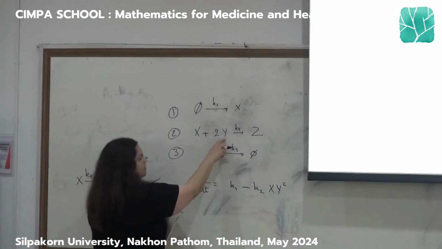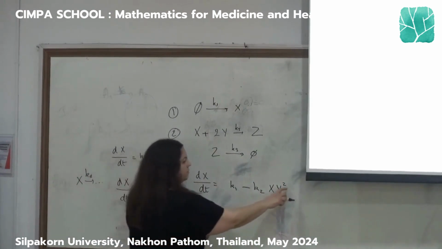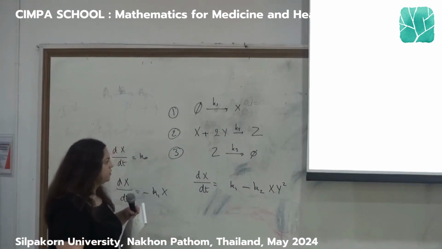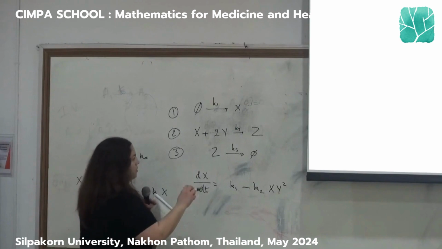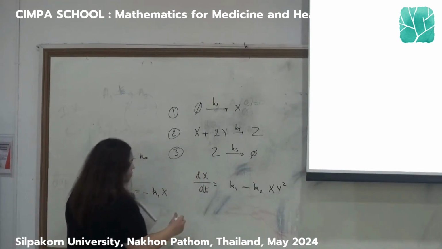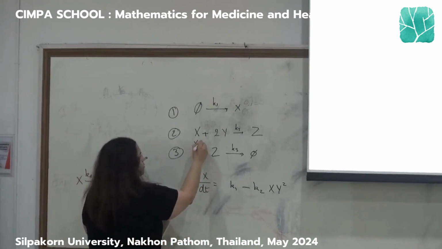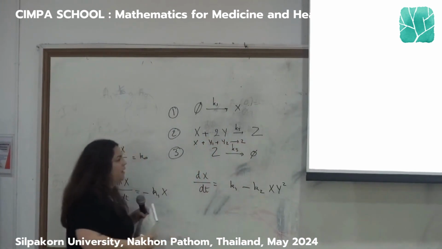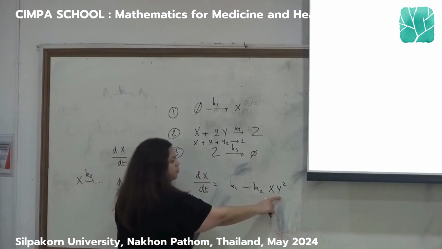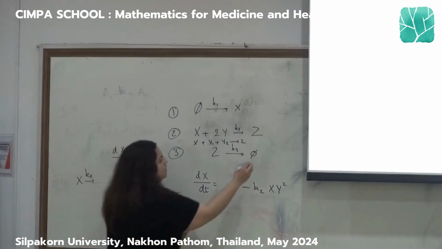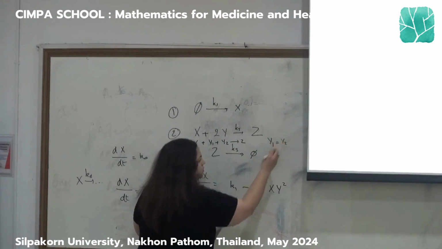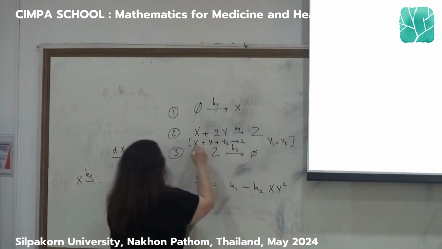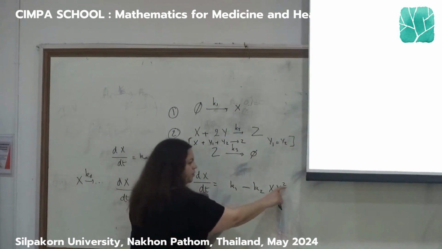Probably you have seen that there is 2Y, and this is where the 2 is coming from. And if you are not convinced about this, you can also write 2Y as X plus Y1 plus Y2 gives Z. And then you just replace that, it would be Y1, Y2, and then you just set Y1 equal Y2, and you get that. This is just a trick, if you are not completely convinced about this square.